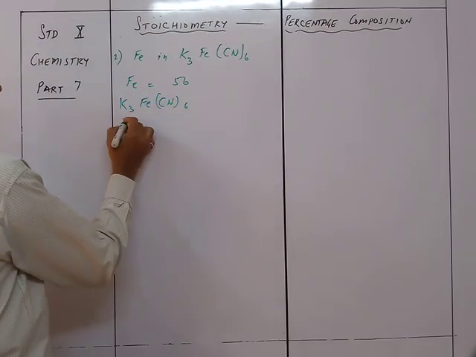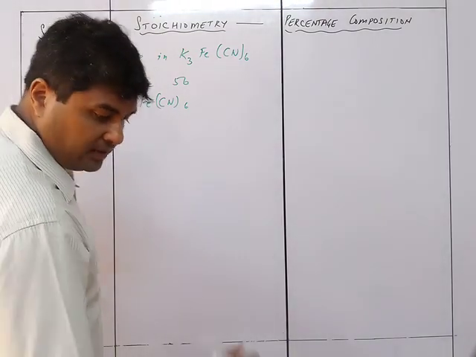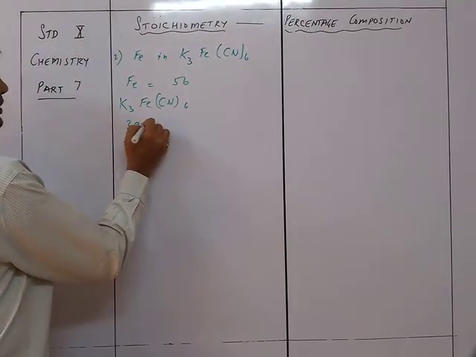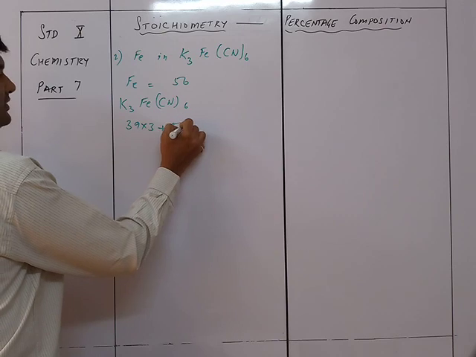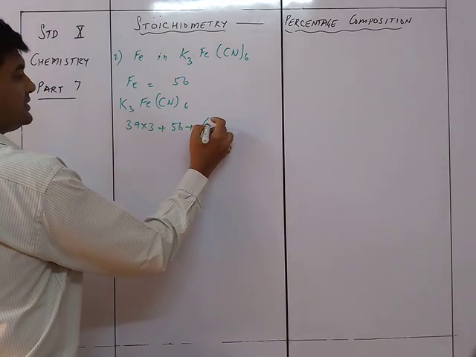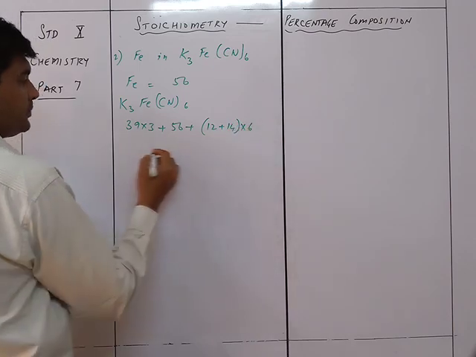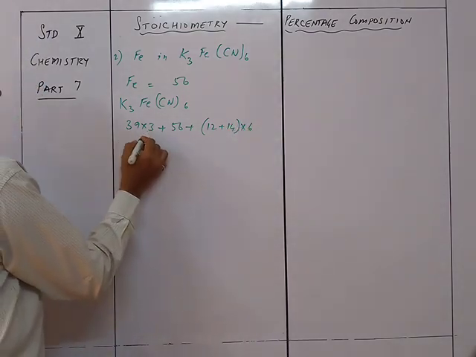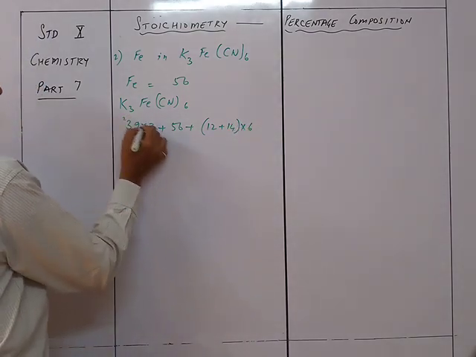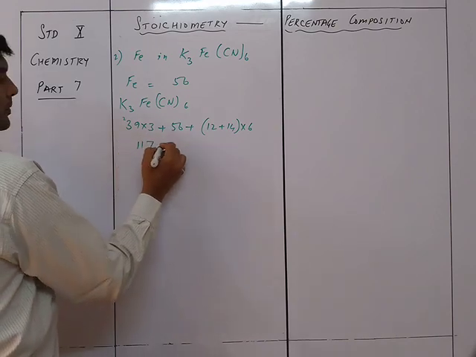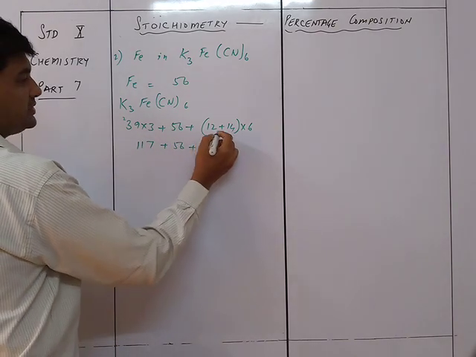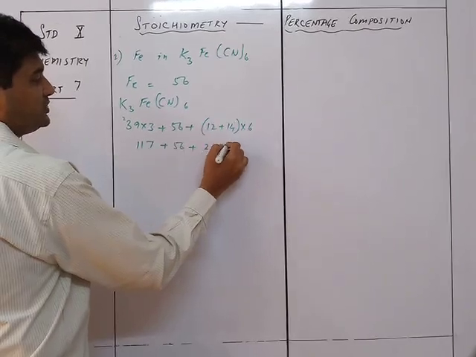So Fe is equal to 56, and you need to find out K3FeCN6, that is K is given as 39, so it is 39 into 3 plus 56 plus C is 12 plus 14 into 6. So 27 and 9, 117 plus 56 plus this is 26 into 6.